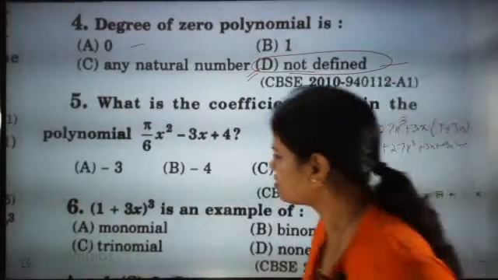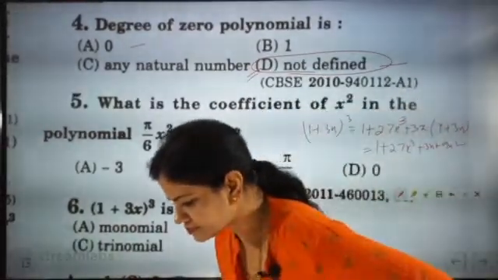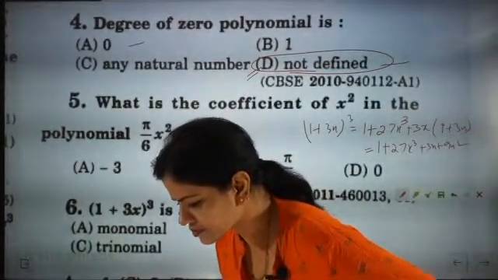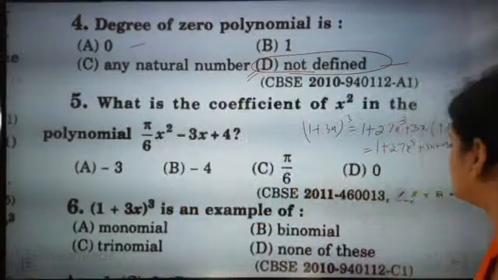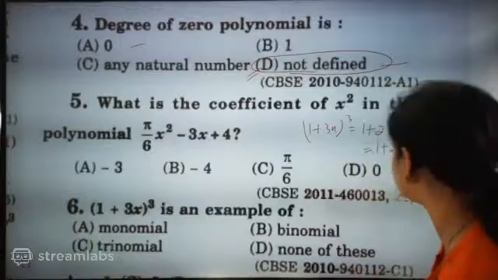But it is exactly not trinomial. It is not trinomial. Yes, Ashwin. So it is trinomial. I think it is trinomial. So none of this will be answer. Sixth answer, none of this will be there.